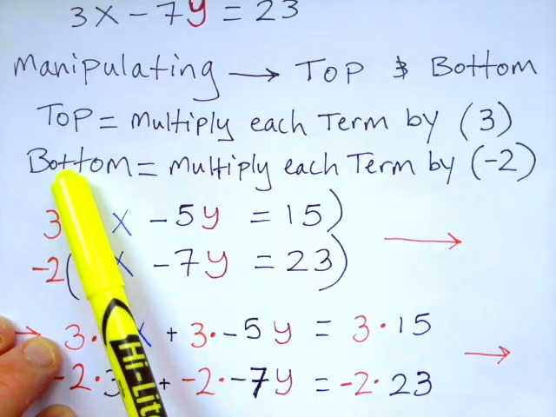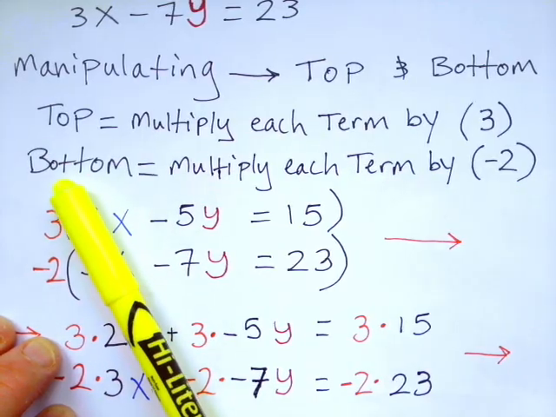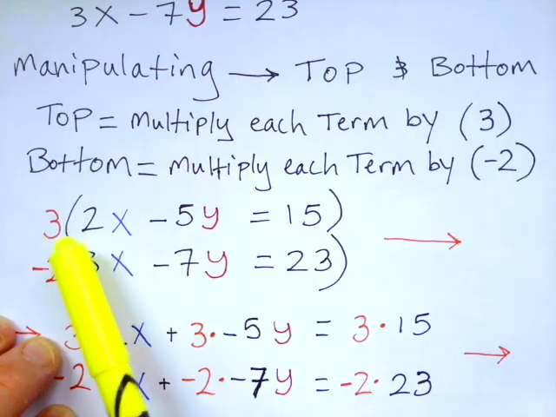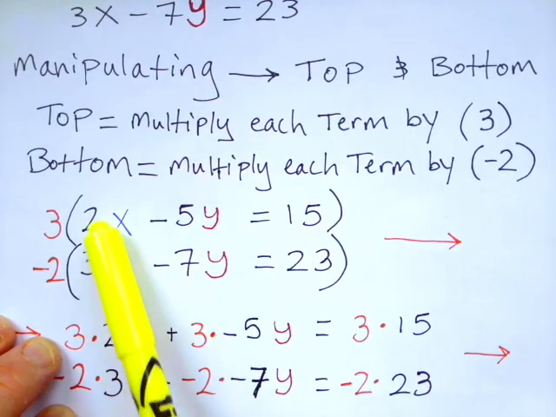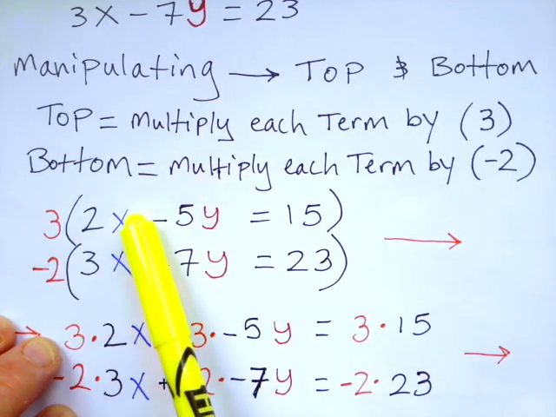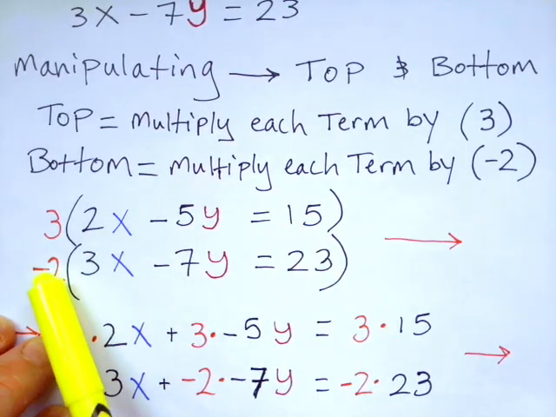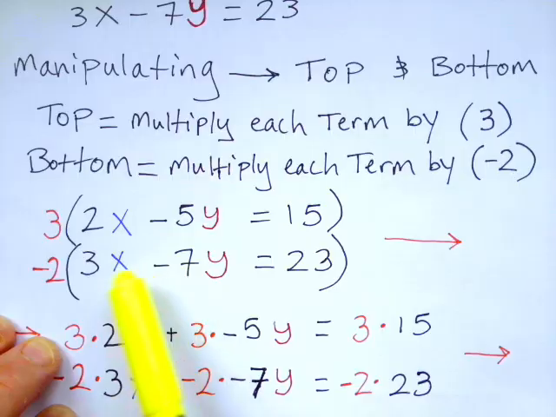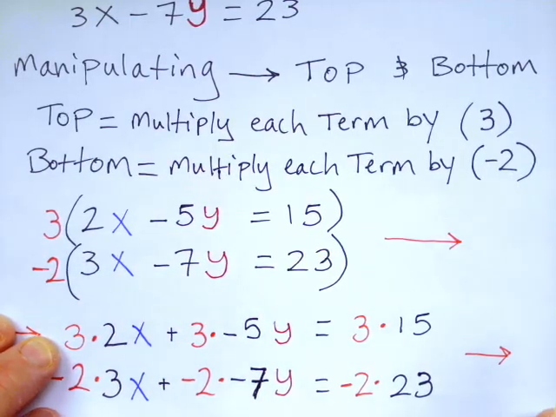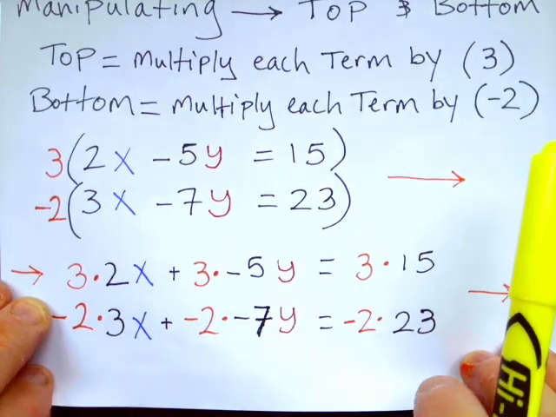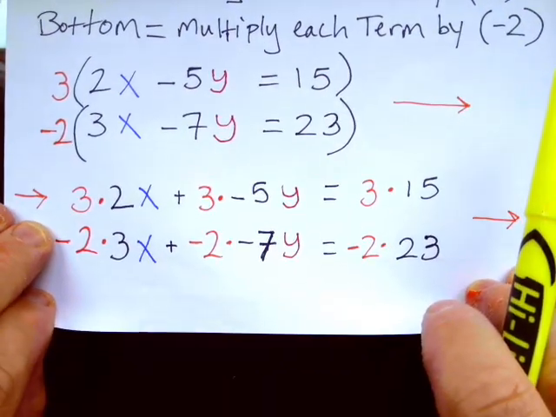When I add these x's, that will give me 0. But I can't just multiply one term. I have to distribute that 3 times each of the terms, and the -2 will be multiplied with each of the terms. That will eliminate the x's when I add them together.